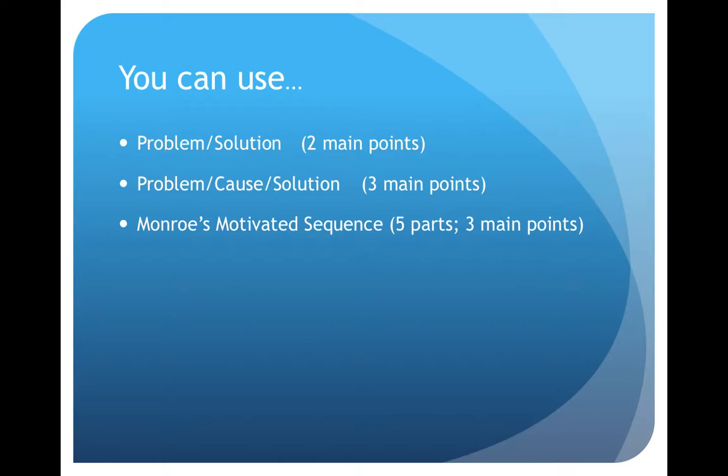So a Monroe's motivated sequence speech has 3 main points in the body of the speech. So you'll choose one of these, and you'll either be using 2 main points if you choose the first one, or 3 main points if you choose either the second or third strategy that you see here.